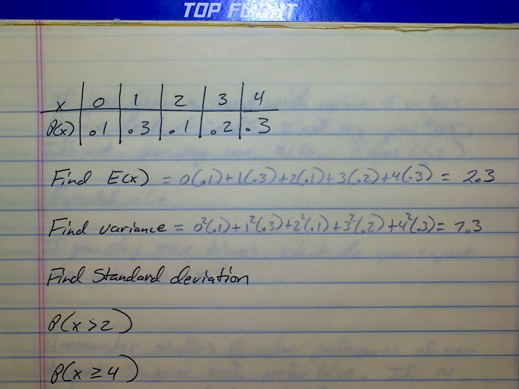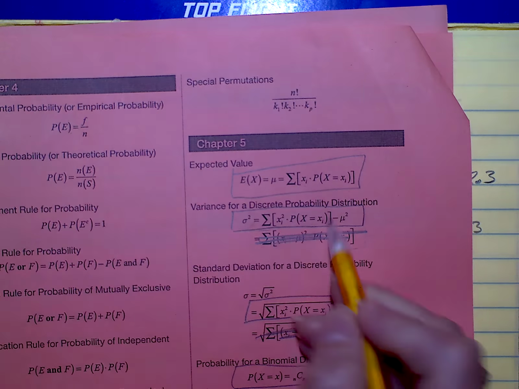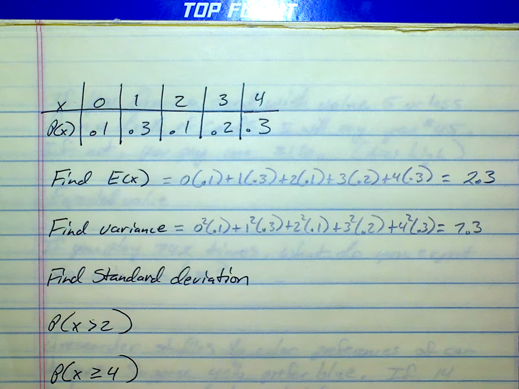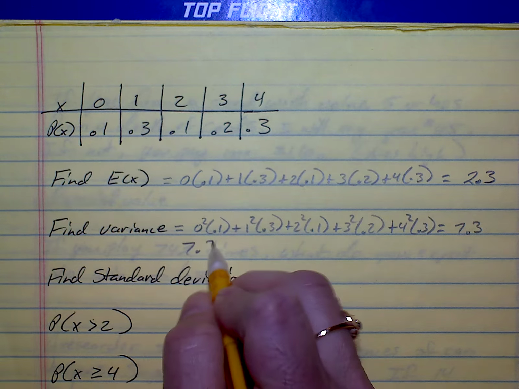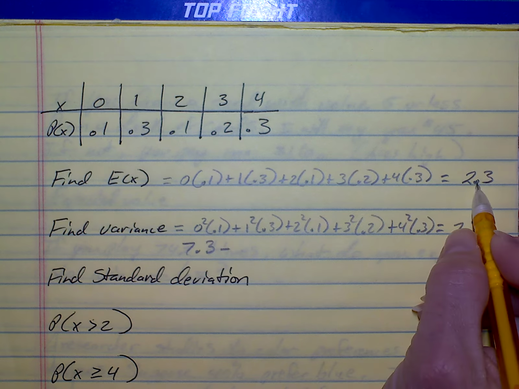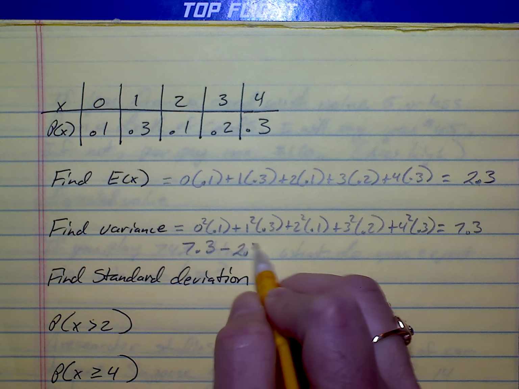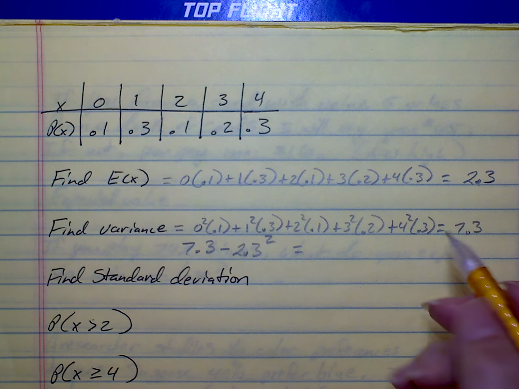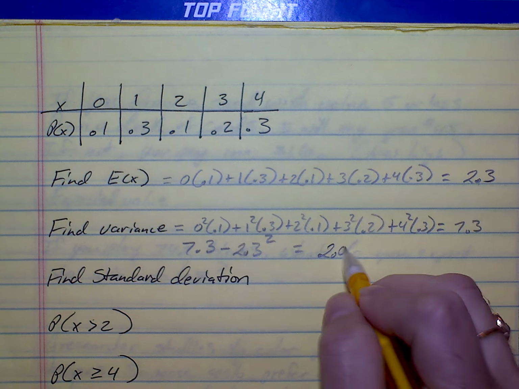That is the first piece of this formula. Shoom, I added all those together. Now I'm going to subtract mu squared. So I'm going to take 7.3 minus, here's mu, 2.3 squared. So, minus, and I get 2.01.